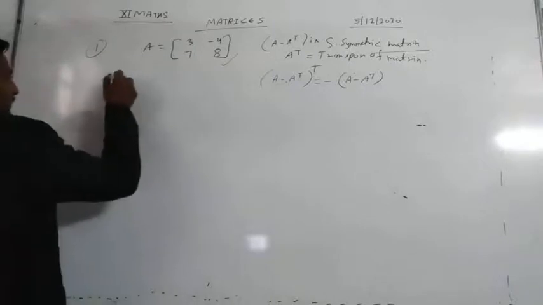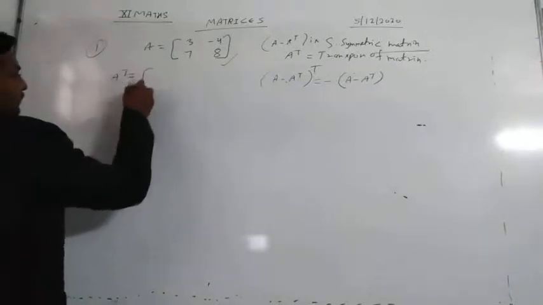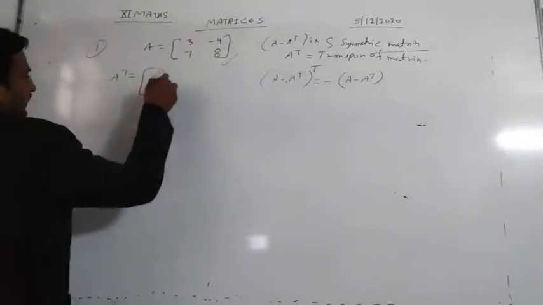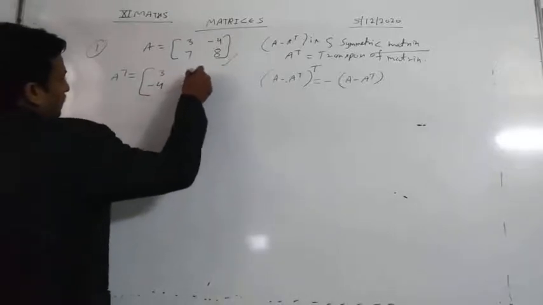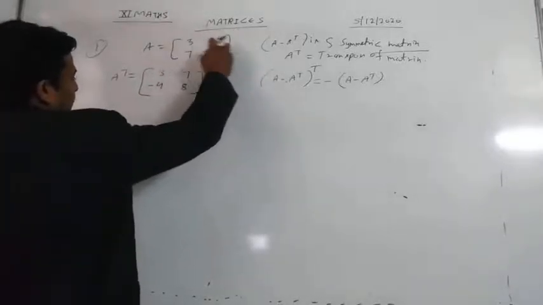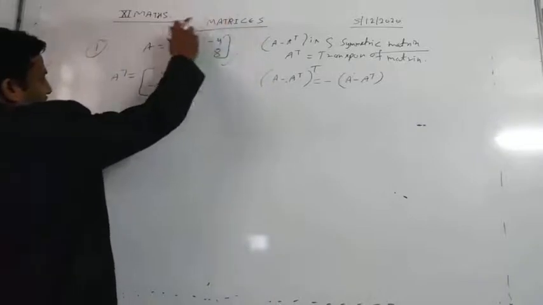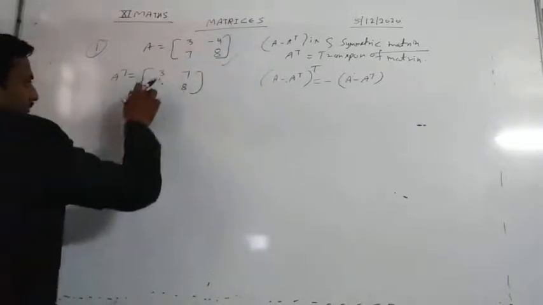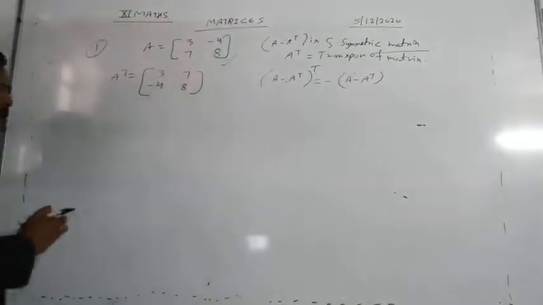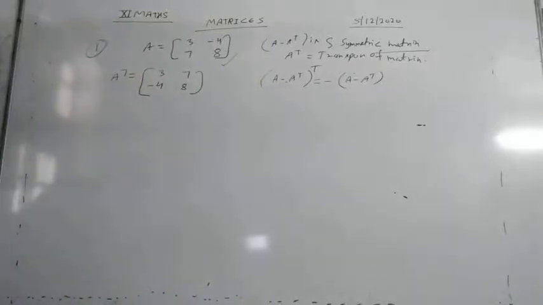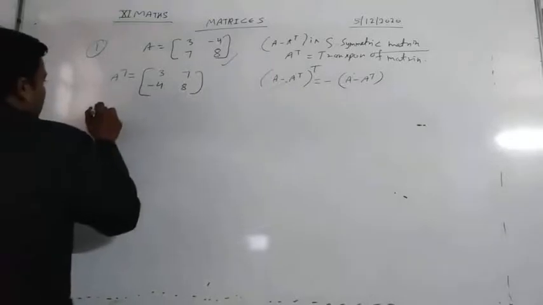First we will find the transpose of the matrix. The transpose is found by changing rows into columns: the first row becomes the first column and the second row becomes the second column. Now we will subtract.